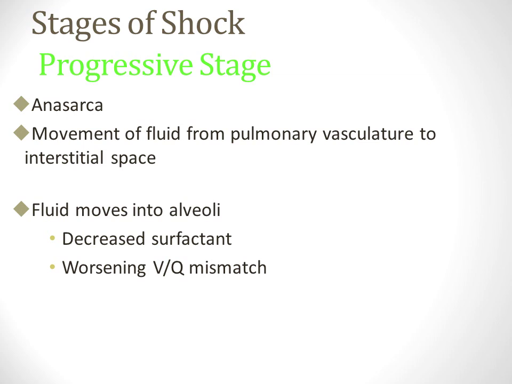We have movement from the pulmonary vasculature into the interstitial space. It's causing pulmonary edema. The alveoli begin to fill. There's a VQ mismatch, a surfactant dysfunction. So you say to yourself, essentially this person has ARDS, acute respiratory distress syndrome.